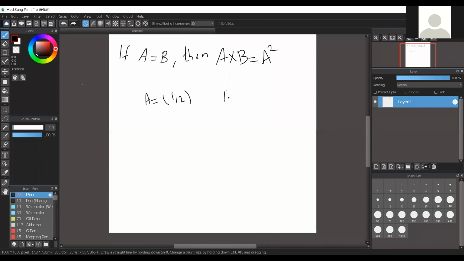Now we need to find A square. What's A square? It is A complement A. Now we're just going to read this set twice. So we have set A square. First set.